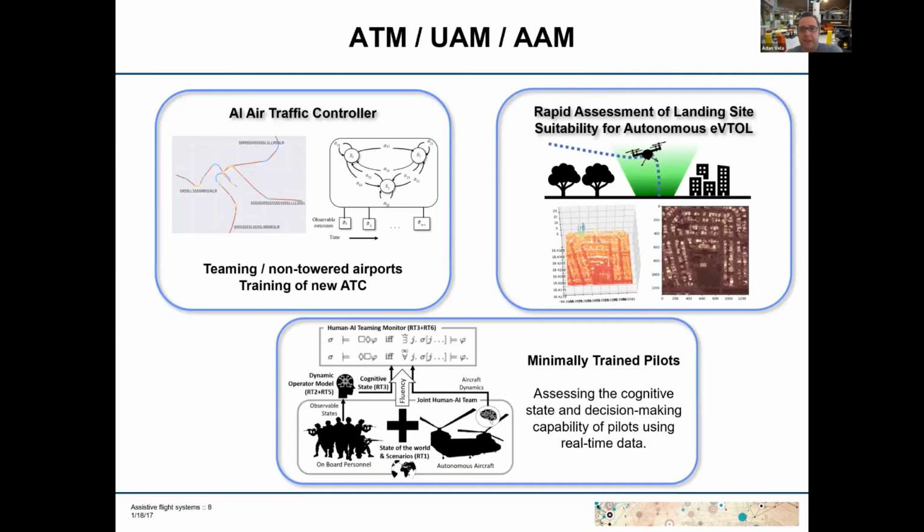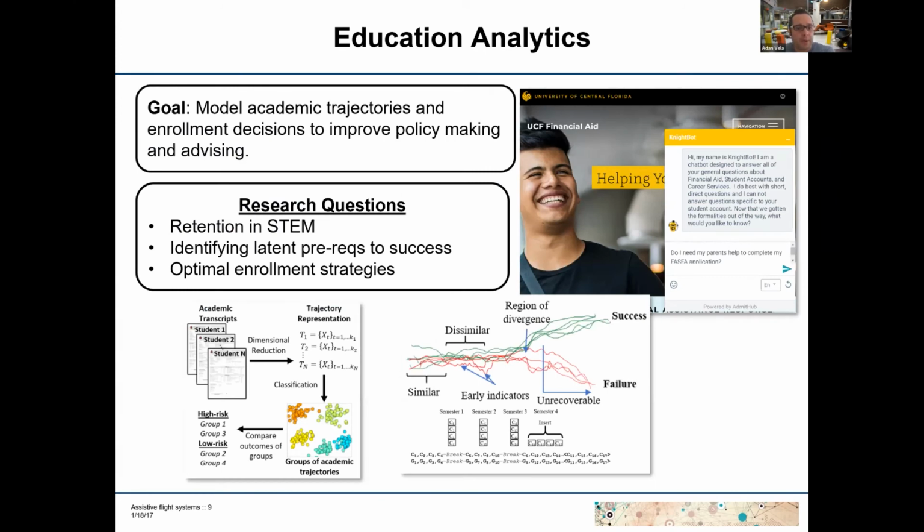In line with this idea of modeling human decision-making and cognitive states, I've extended my work into education analytics. So again, I'm looking at how students select their classes, their enrollment patterns, and their decisions, and how this affects their academic outcomes.